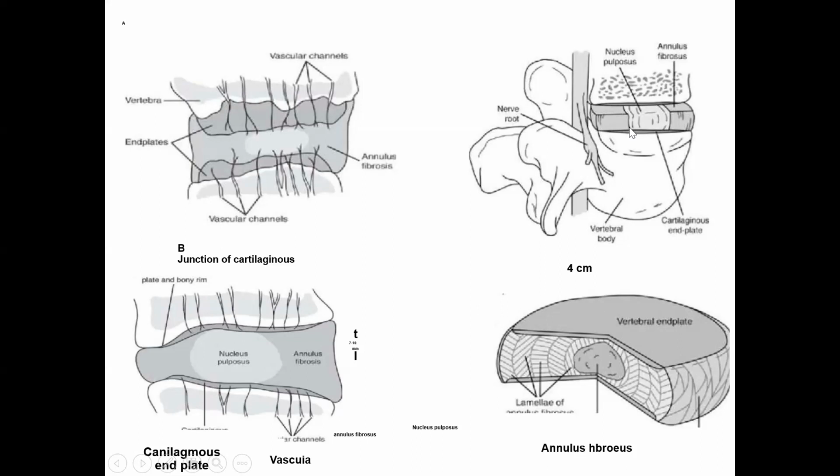In the middle, you can see the nucleus pulposus, which we have seen earlier in the structure, that yellow part. This is the annulus fibrosus, and this is the nerve root, which is passing through the spine. This is the vertebral body, and this is the cartilaginous end plate.